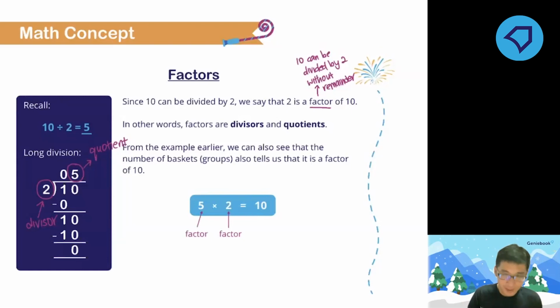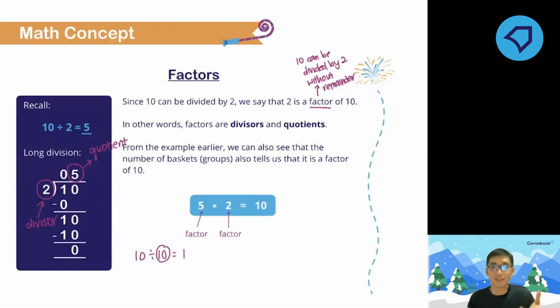Indeed, what other numbers can also divide 10 exactly without any remainder? So we have Nathaniel, we have Jane, and we have a lot of you that tell me 10. Yes, right? Because we know that 10 divided by 10 gives me 1 as the quotient without any remainder as well. So 10, which is your divisor in this case, is a factor of 10 as well.